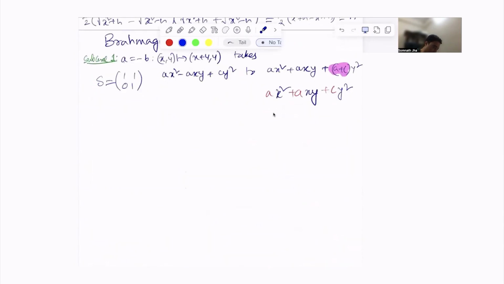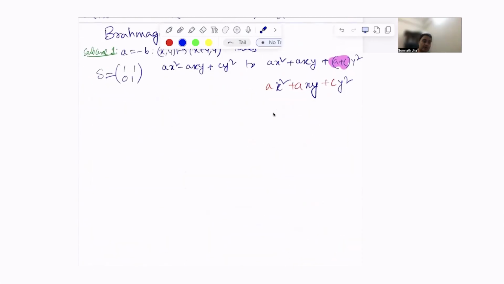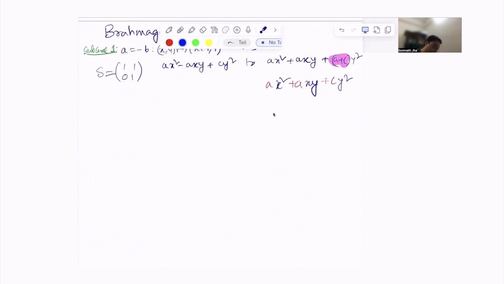Some errata. In one of the places in the classification of binary quadratic forms to the reduced one, with a equal to minus b, I said the substitution x, y going to x plus y, y takes ax square minus axy plus cy square to ax square plus axy, a plus c y square.